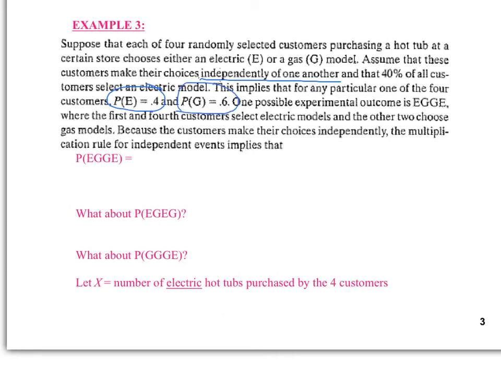So if we look at 4 customers in a row, one possible outcome would be EGGE. So the first person buys electric, the next 2 buy gas, and then the 4th one buys electric. Okay? Since they're making their choices independently, by the multiplication rule, to find the probability of this outcome, we can multiply the probabilities: 0.4 times 0.6 times 0.6 times 0.4.